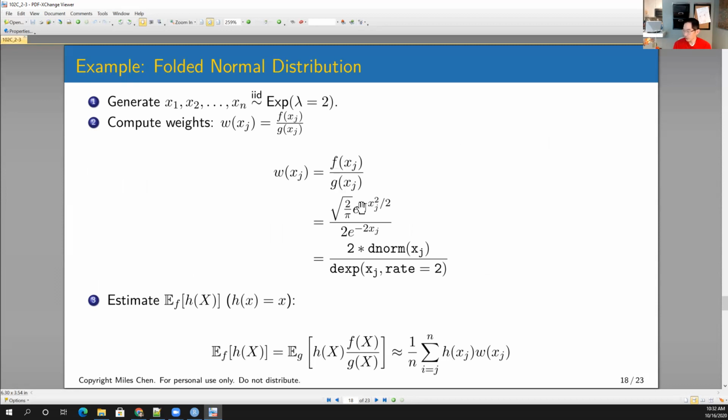Again, we know what the density function is, we just don't know how to generate values from it. So the density function up here is 2 times dnorm, and the density function on the bottom is going to be dexp. So we have the form of the densities, but we're going to pretend that we can't generate from f.